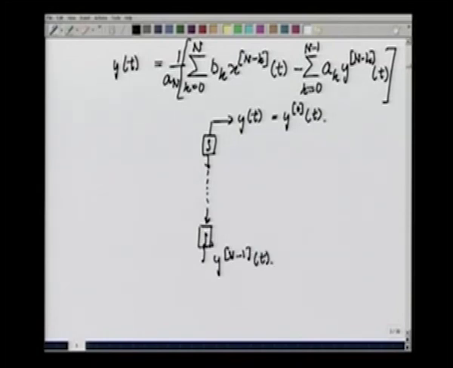Fine. Now, I have to use all these. The coefficient of y_{n-1} will be a1.